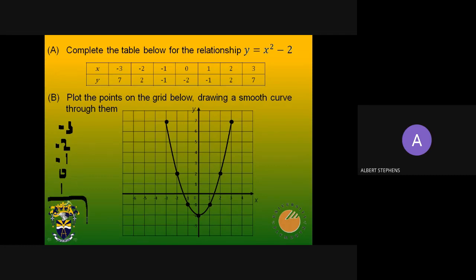Anybody know what crest this is? Which educational institution is this crest associated with?